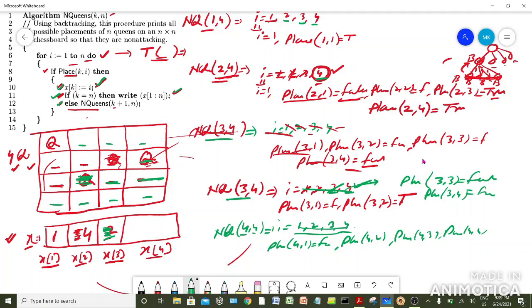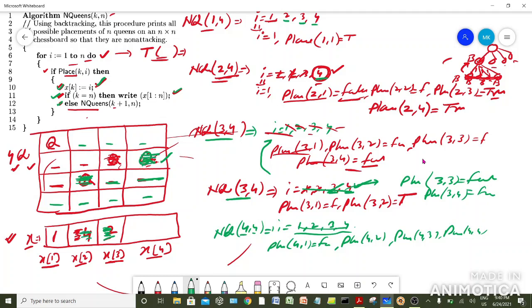Okay, it means we need to go back where? We need to go back to row number 2 here. If we went to row number 2, we observed that the queen was already at the fourth location, fourth column, so no more column is left. It means we need to backtrack, we need to delete this also.